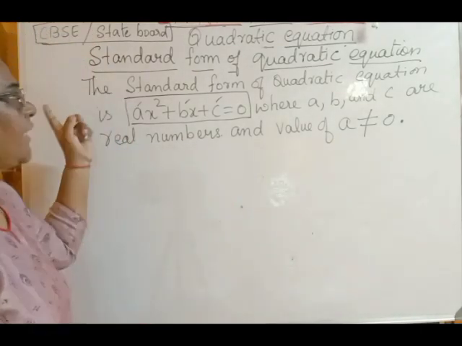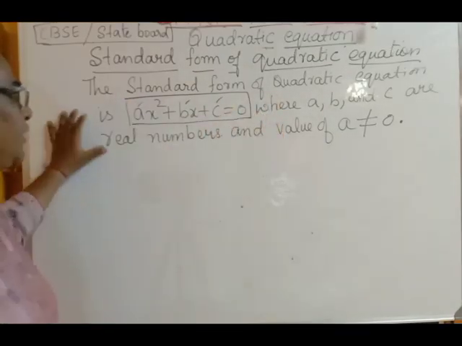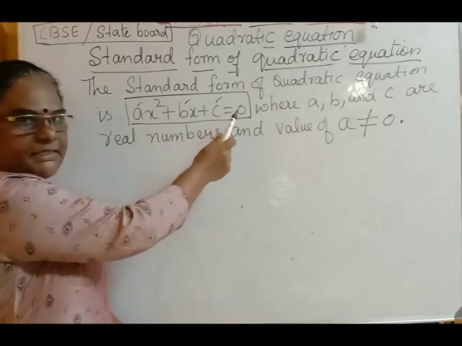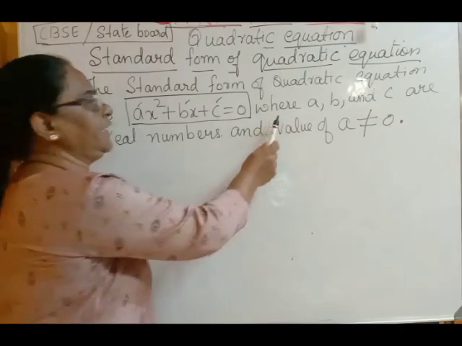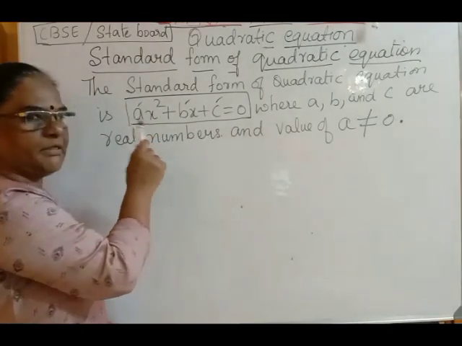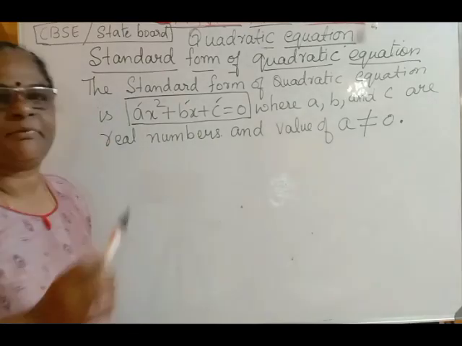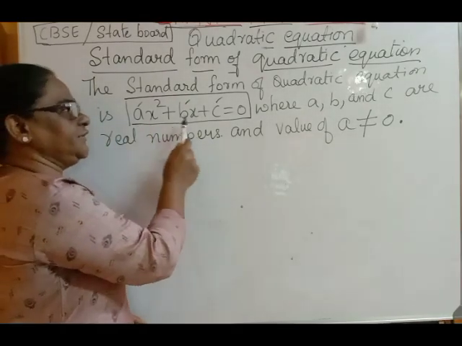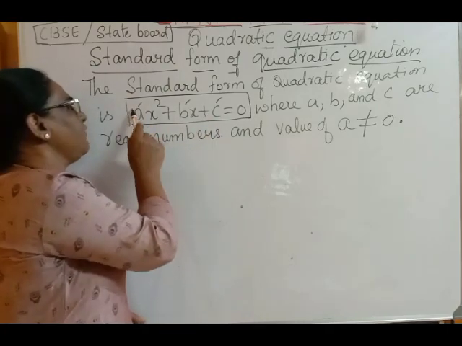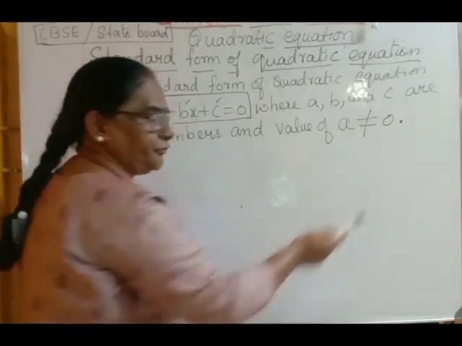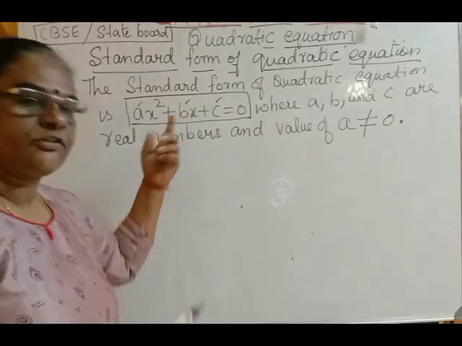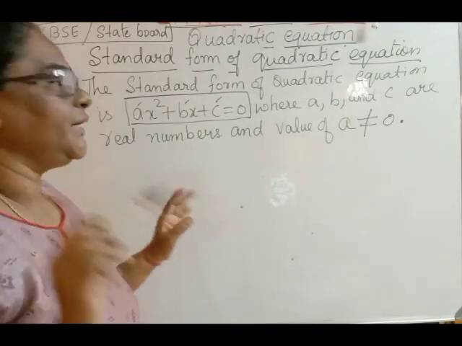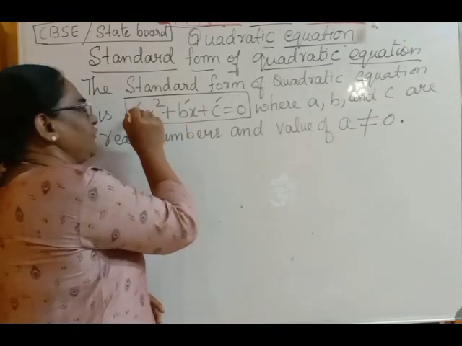Okay, once again, the standard form of quadratic equation is ax square plus bx plus c is equal to 0, where these numbers a, b, c are 3 numbers, they are real numbers. Okay, and out of these 3 numbers, the value of a should not be equal to 0. If b is equal to 0 also, there is no problem. If c is equal to 0 also, there is no problem.